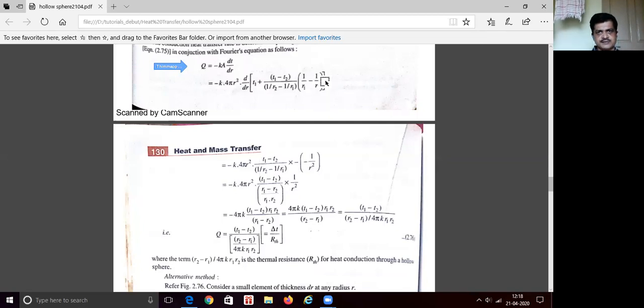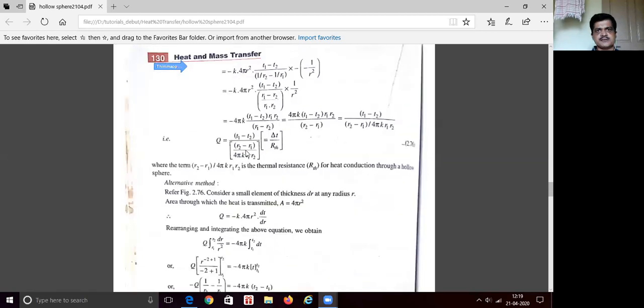So minus 1 by r square is the differentiation of that. By solving all these things, finally we get a very important equation, that is Q is equal to T1 minus T2 over r2 minus r1 here.